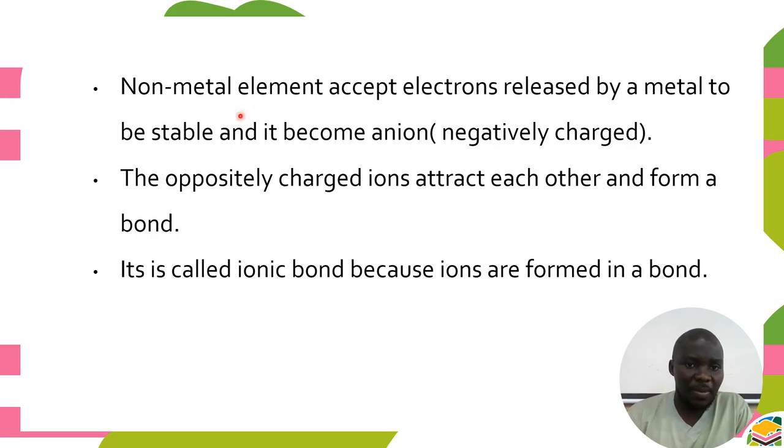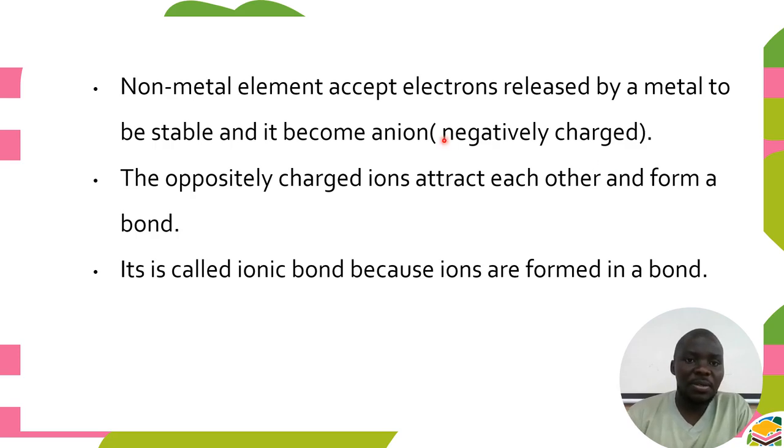If the nonmetal accepts the electrons, it becomes an ion, a negatively charged particle. Why is it negatively charged? Because now the number of electrons is more than the number of protons. Therefore, the charge of that atom becomes negative.